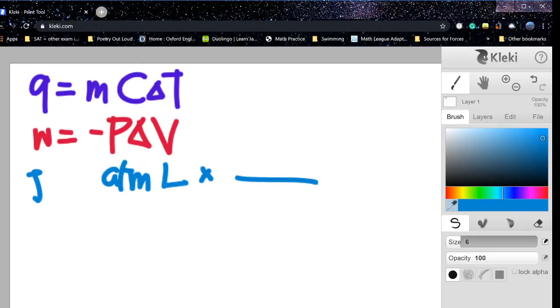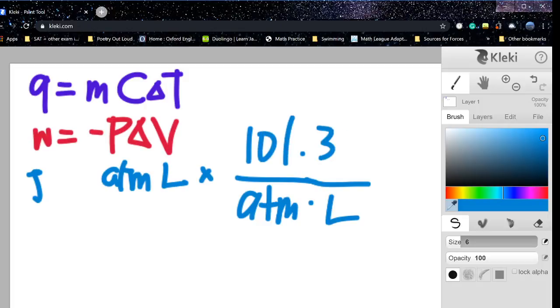Whenever you're doing unit conversion, the units that you already have go on the bottom, and the new units go on top. So 1 atm times liter is equal to 101.325 joules. And you can convert that to kilojoules if you need work in kilojoules. So I'm just going to write that conversion over there.